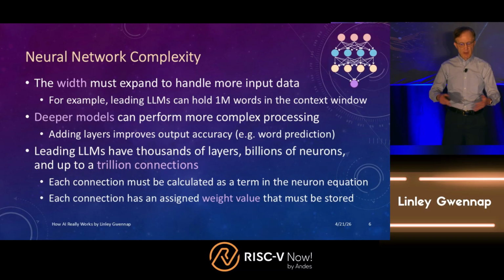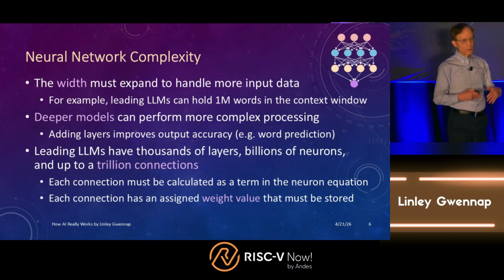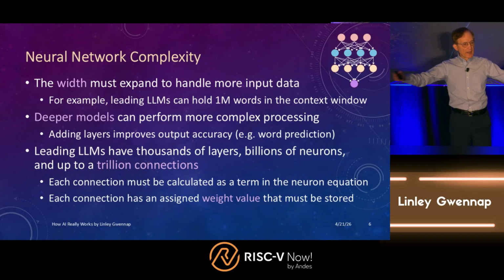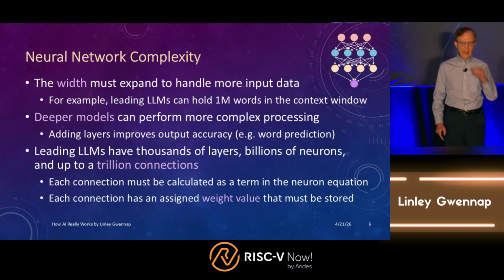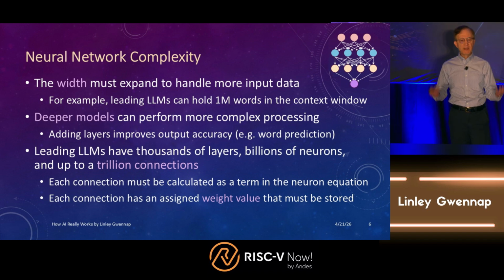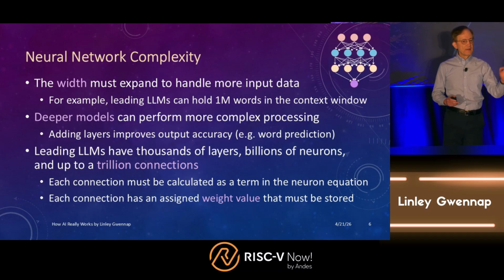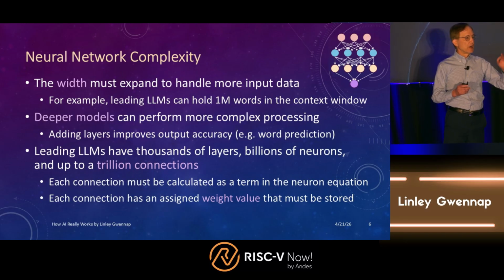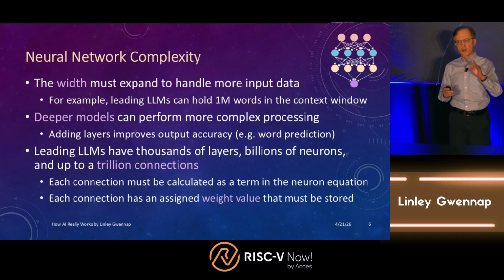So the deeper the model, the better it gets, which is why companies have been building deeper and deeper, wider and wider networks. And now we see neural networks with thousands of layers, with billions of neurons, with trillions of connections between the neurons. And remember, in the equation, each of those connections has its own multiplication and its term in the equation.